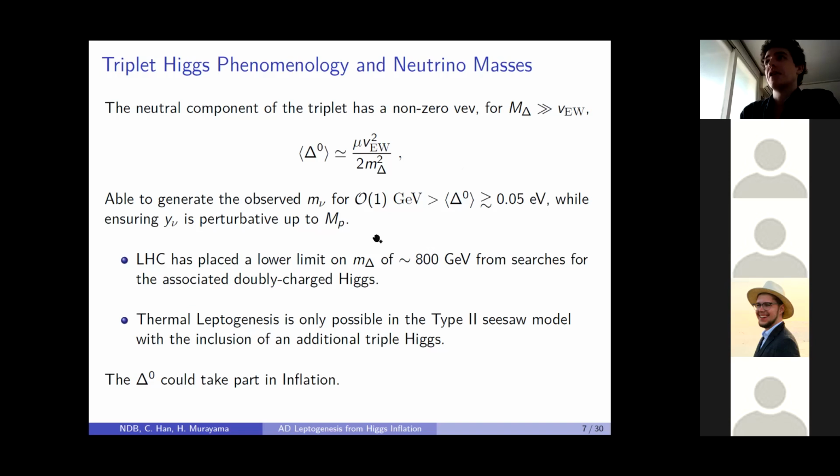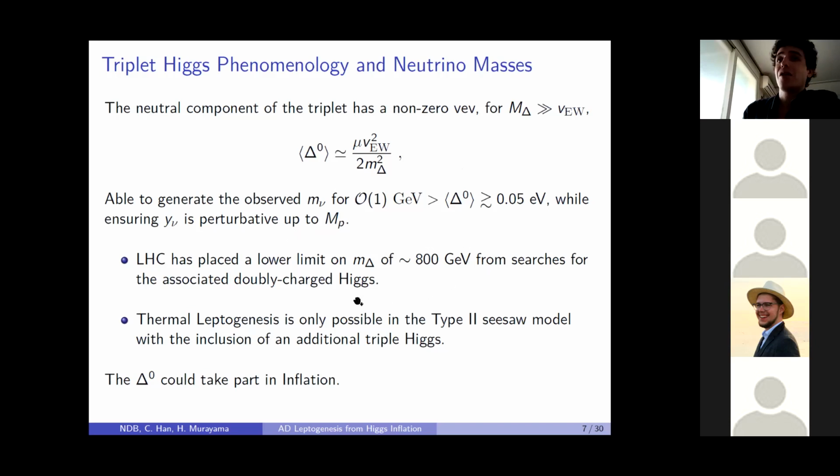Given that there's also the doubly charged component of this triplet and the singly charged, you can get quite interesting constraints on the delta itself. At present, searches constrain the triplet Higgs mass to be greater than approximately 800 GeV.